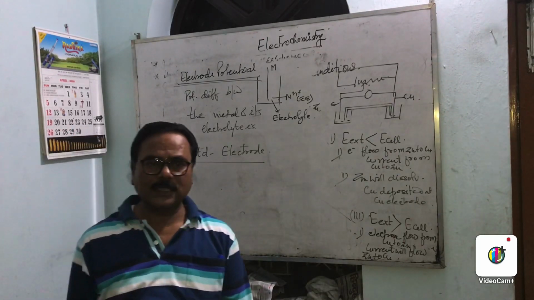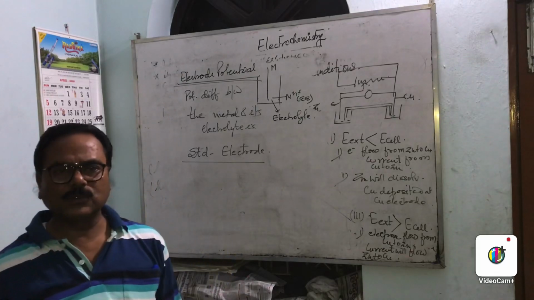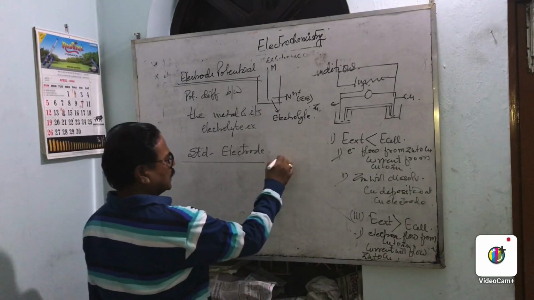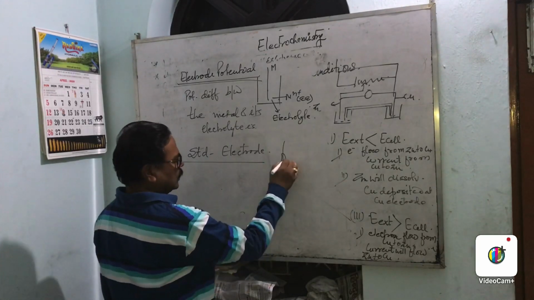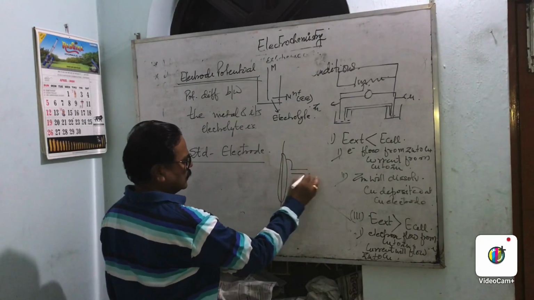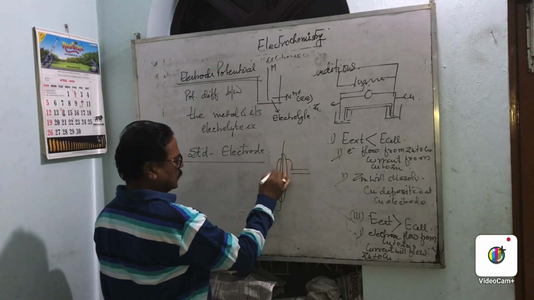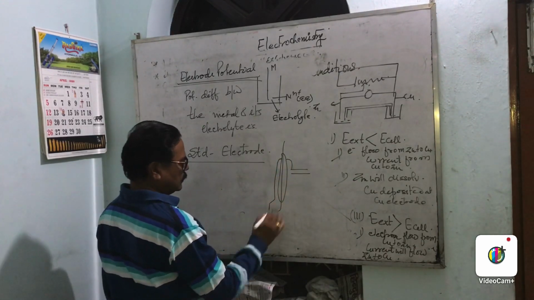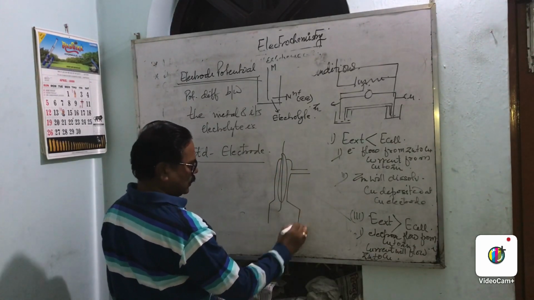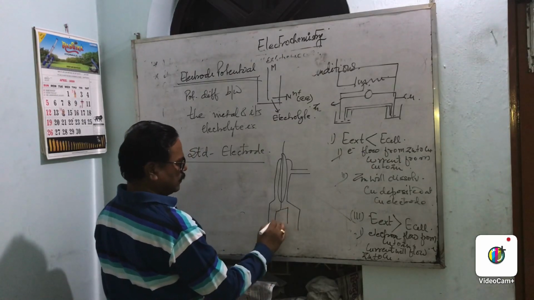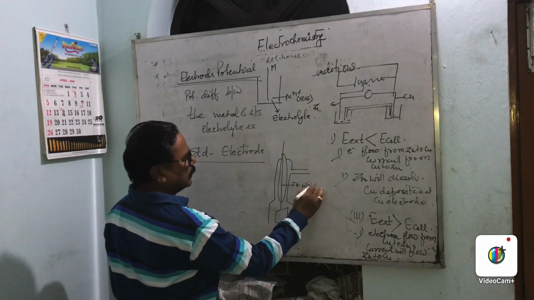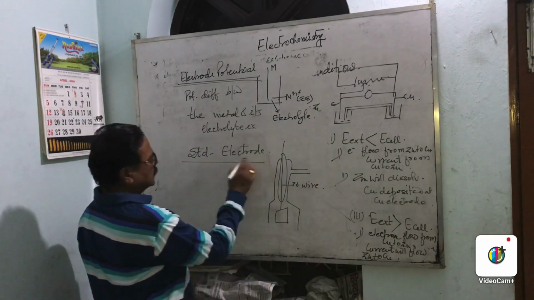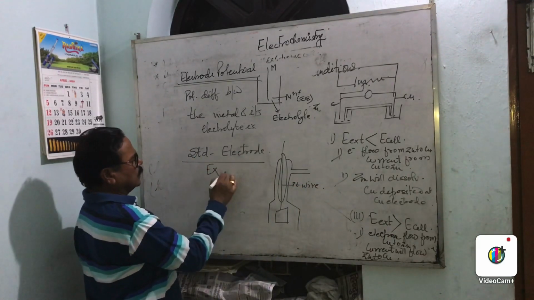Now the question arises how we set up the hydrogen electrode. Now we take a platinum wire, and this is designed in such a way. This is a platinum wire, Pt wire. This is a standard electrode example, hydrogen electrode.